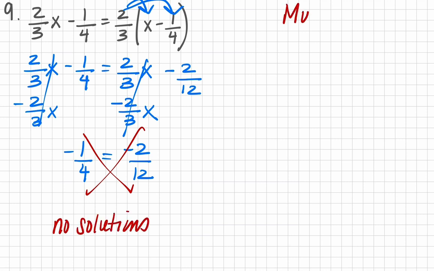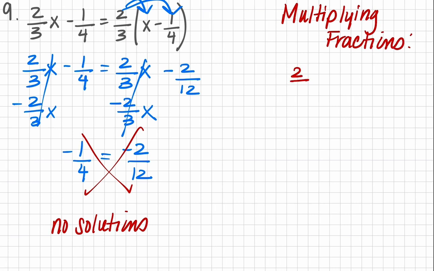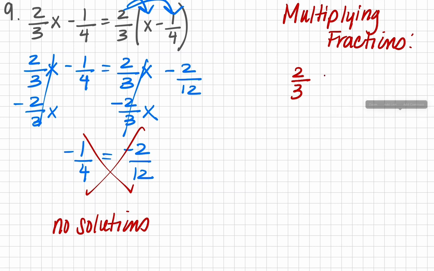And some side notes. In this problem, we multiplied fractions. In this situation, it was 2 over 3 times negative 1 over 4.